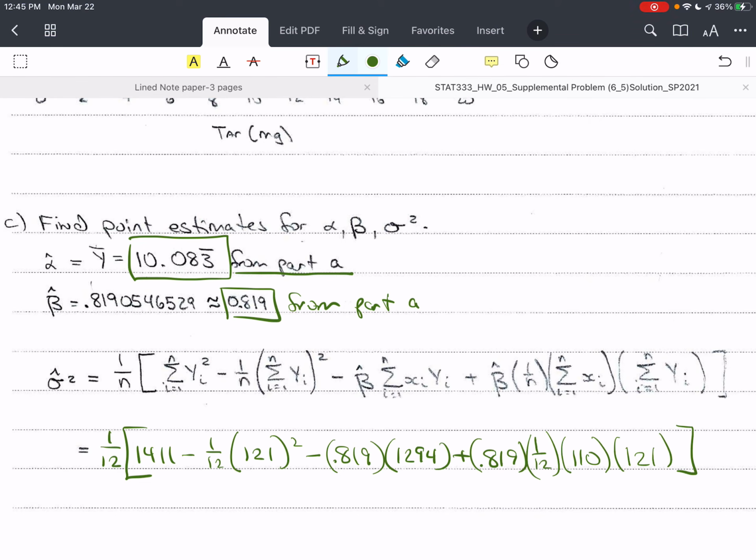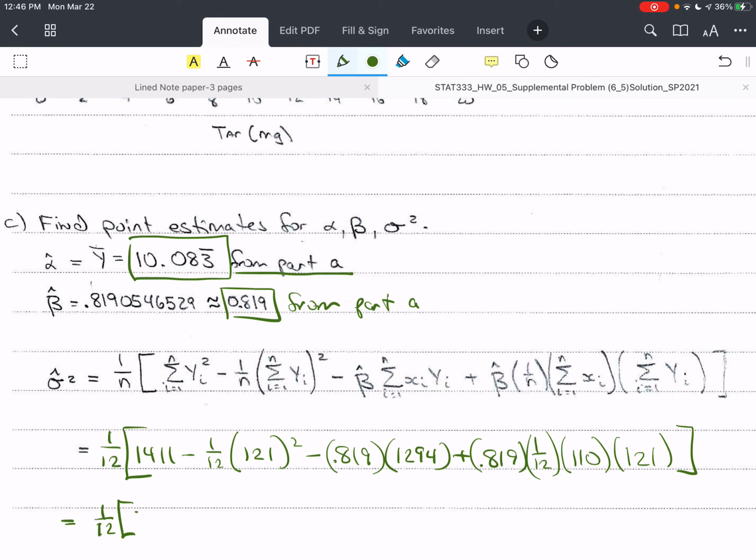And so I'm going to do what's inside the bracket first, and then I'll divide that by 12. So I'm not going to do this first part to begin with. I'll just say 1 over 12, and then I'm going to do 1411 minus 121 squared divided by 12 minus 0.819 times 1294 plus 0.819 times 110 times 121 divided by 12.